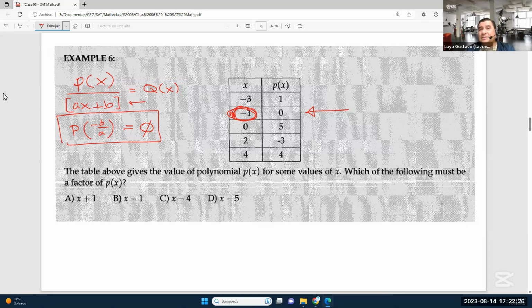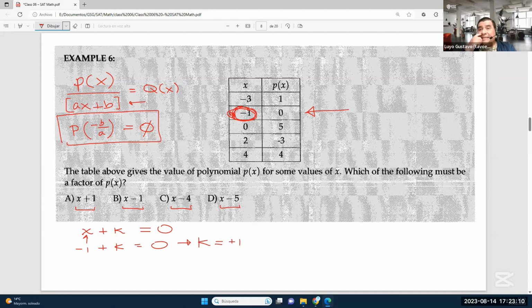So think about this. The answer choices suggest that all the potential divisors we are about to evaluate are of the form x plus a constant value. No a, right? Yes, no a. So let's say that we have x plus k. If x plus k is made 0 when I substitute -1 as the value of x, then we have -1 plus k equals 0. And thus, the value of k is +1.